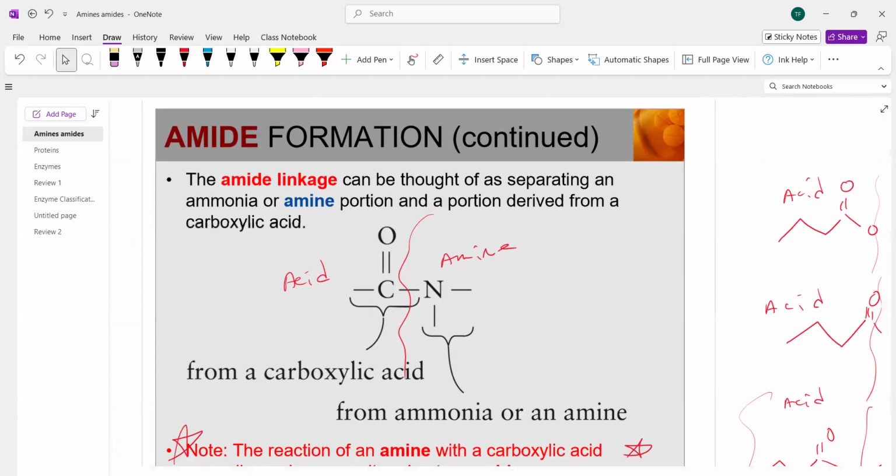Okay, so just like with an ester, we had an acid part and an alcohol part. So with an amide, we have an amine part and an acid part. Same way.